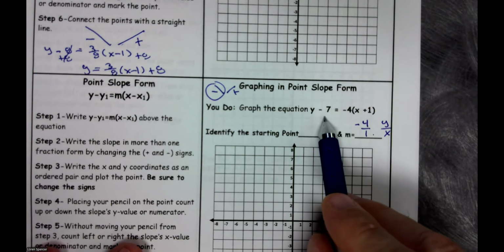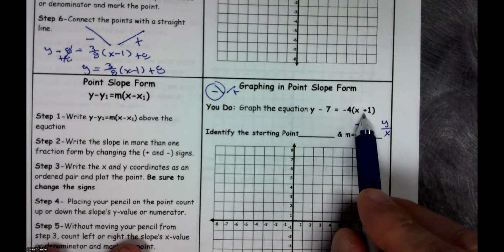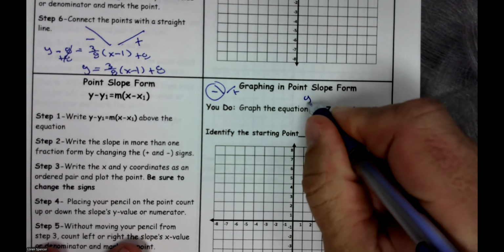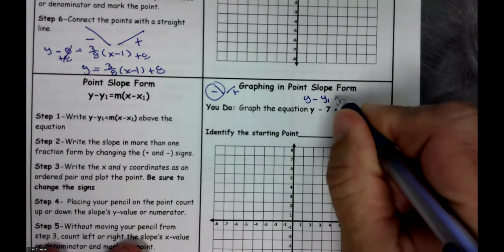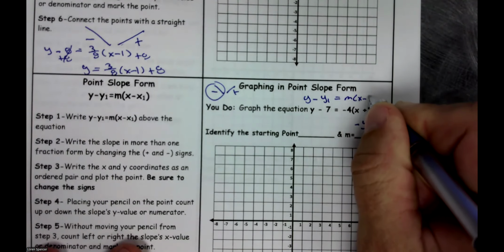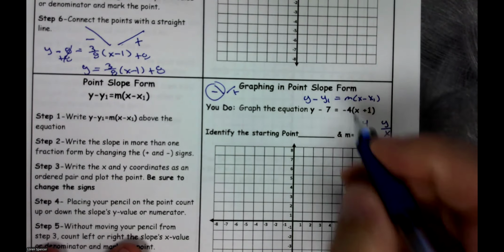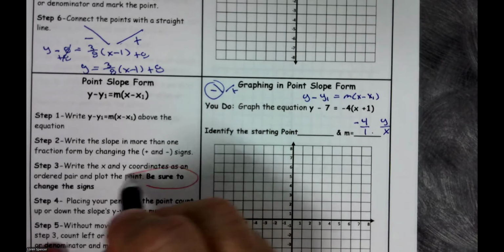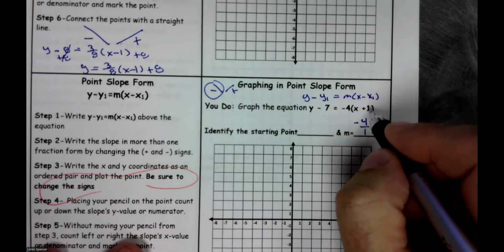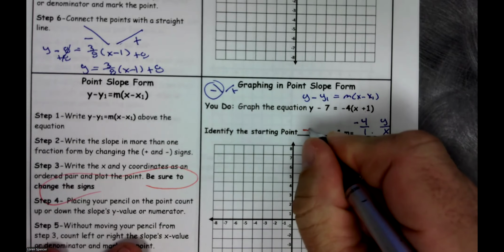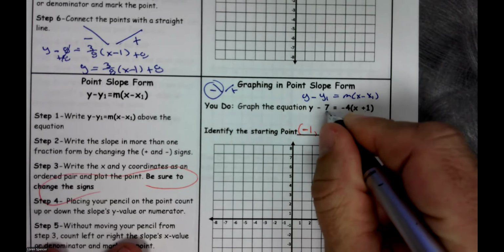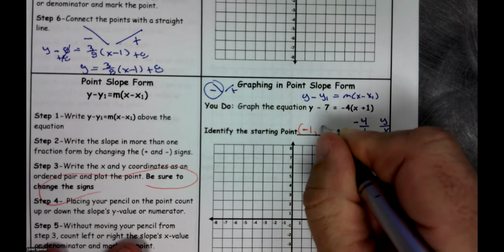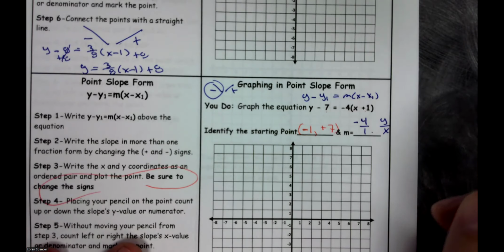We need to identify our x and y, and we've written our formula, y minus y1 equals m times x minus x1. All right, so remember switch the signs. So this +1 becomes a -1, and this -7 becomes a +7.